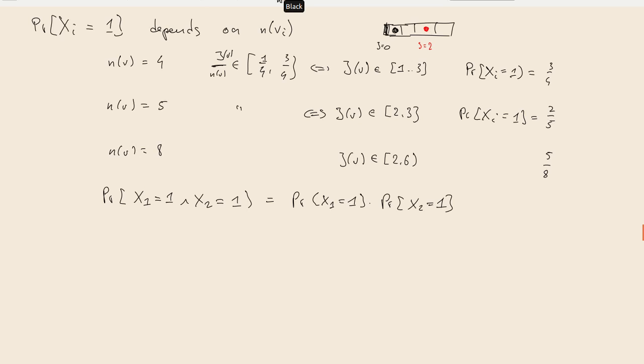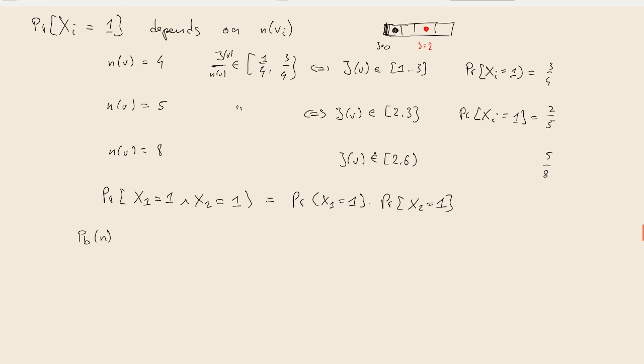Okay. One thing that we can note at this point is the probability for a node to be balanced certainly only depends on the length of the sublist. It does not depend on the numbers that are in this sublist, and also not quite where in the tree this node is.